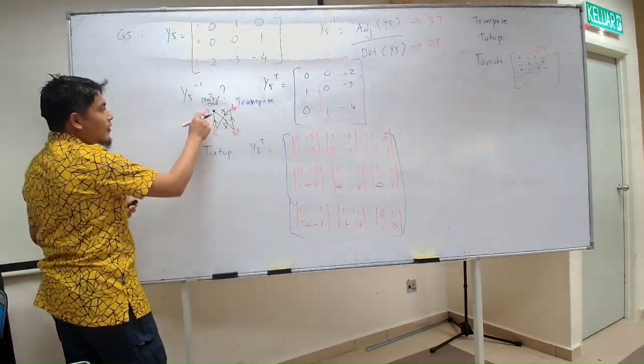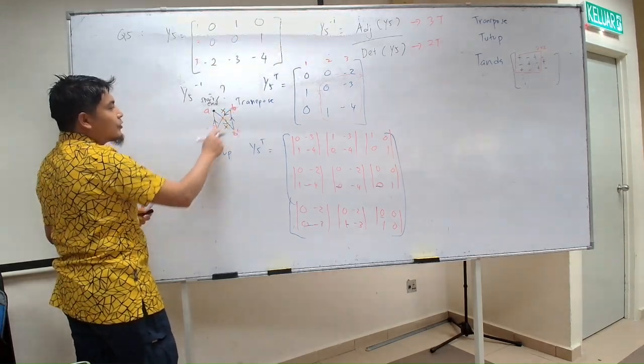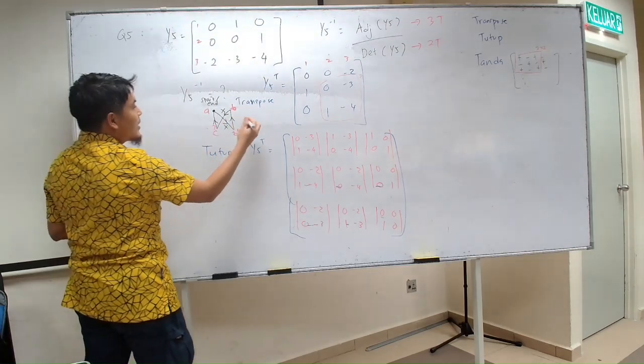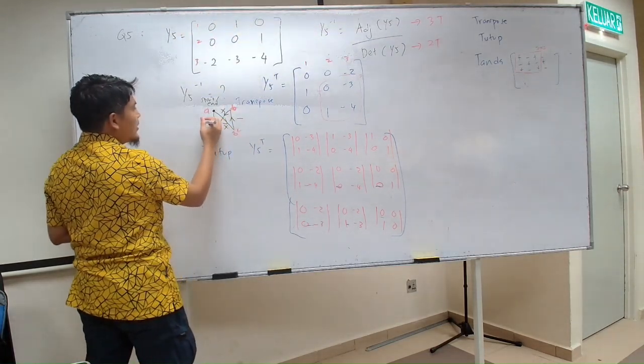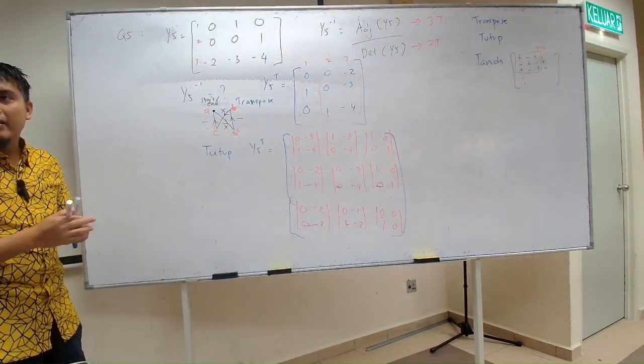What you need to remember, when it crosses, it needs to multiply. When it crosses, from A to D, it must be multiplied. From B to C, it must be multiplied. Okay? And then here will be minus, and here will be divide.